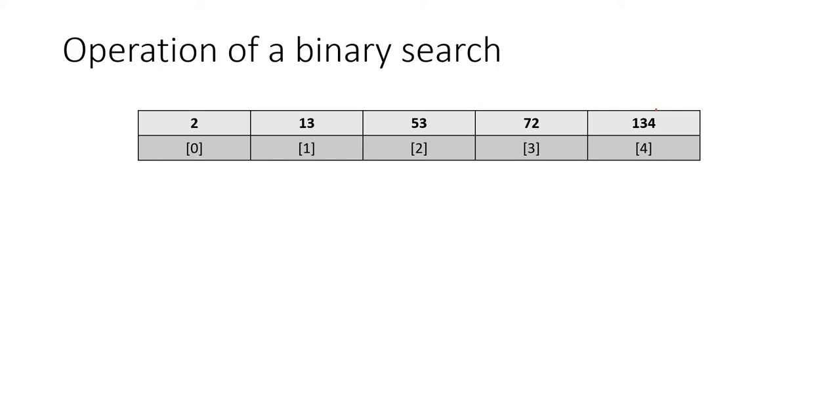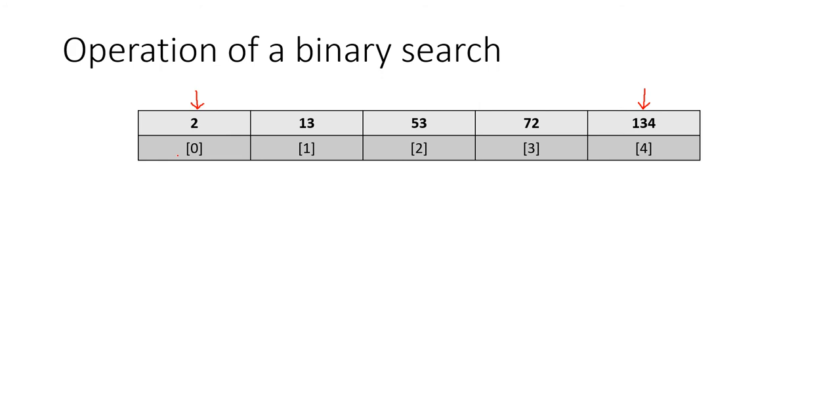So we've got some data, the 2, the 13, the 53, the 72, and the 134, and we've got what array positions they're in. So we've got 0 all the way up to 4. So we've got 5 items in this array. And what we do is we indicate what the smallest position is and what the largest position is, and then we look to find what the midpoint is.